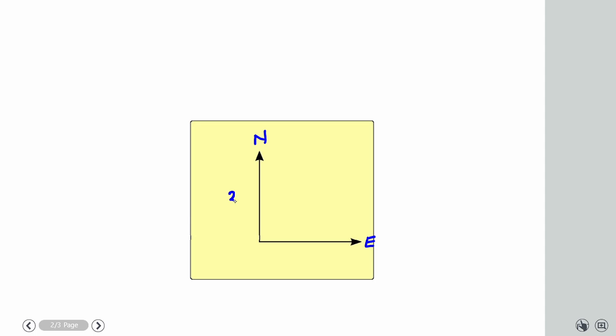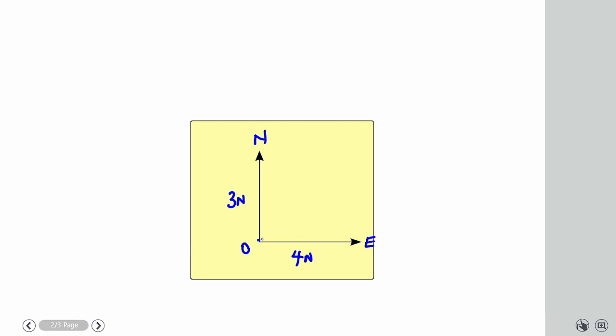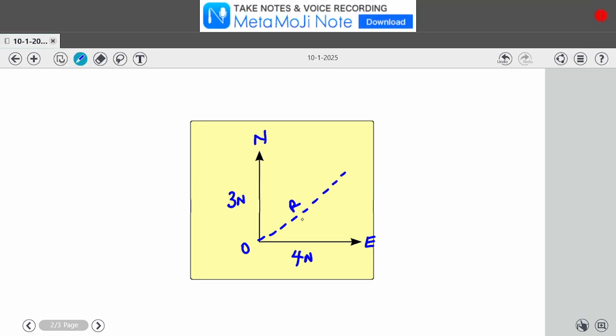And here we have 3 Newton, and here we have 4 Newton. And then they're all acting at a point here, point 0. And so we have here a resultant from that point.